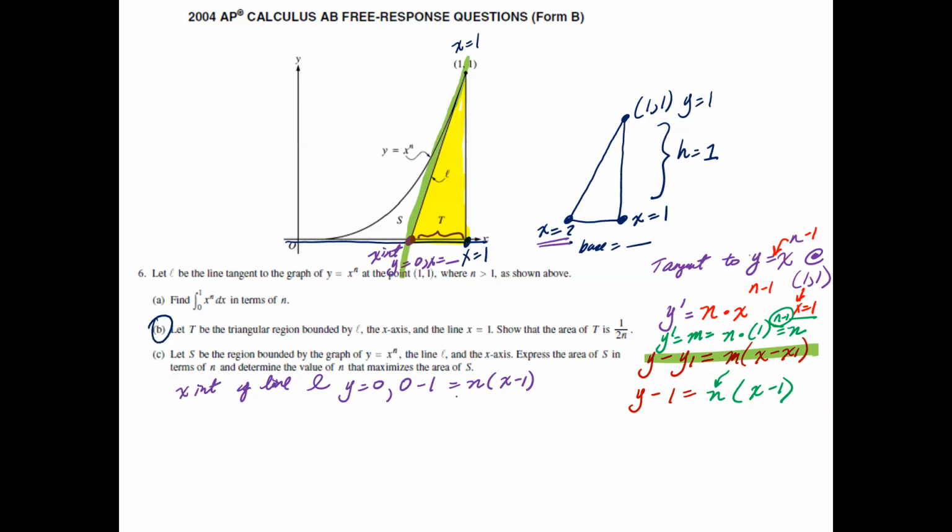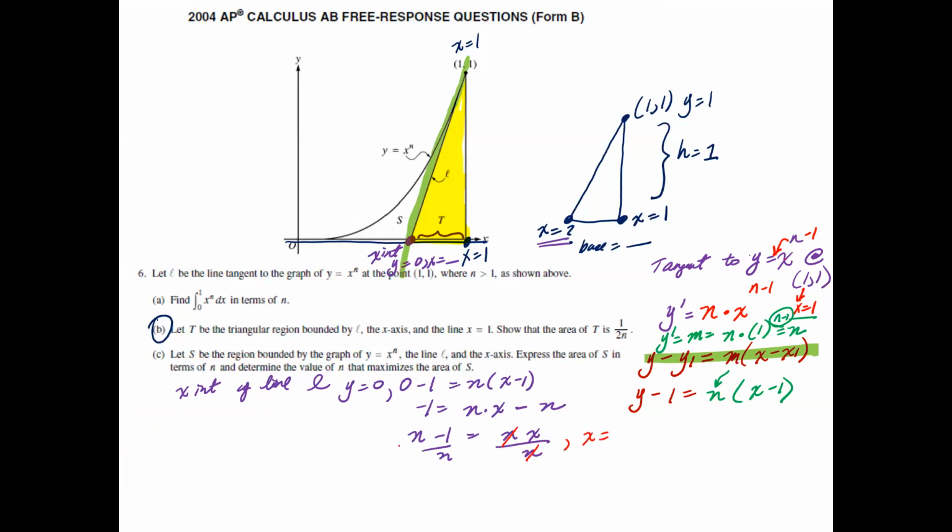So then let's go ahead and solve for x in this situation, because I need to know what x is. So -1 is equal to n times x minus n. So then I'll have a positive n minus 1 equals n times x, divided by n on both sides.